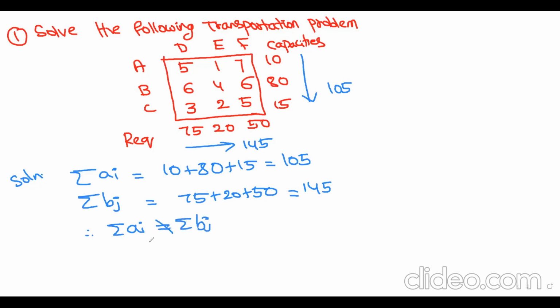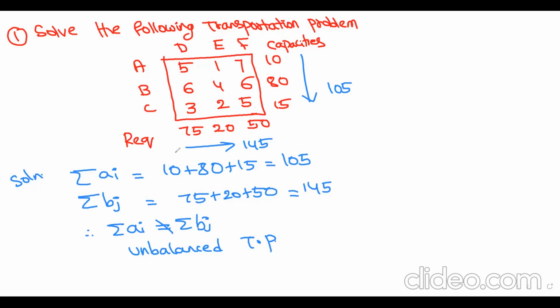So the given problem is an unbalanced transportation problem. Sum of the availabilities is 105, sum of the requirements is 145. These both are not equal.